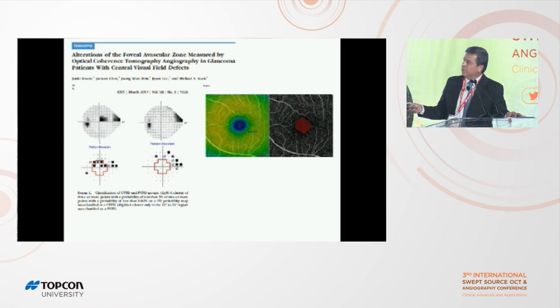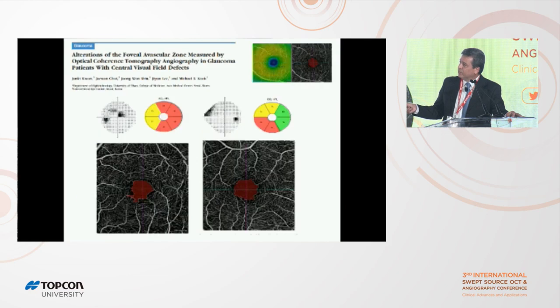For example, the group from Michael Koch is studying, when the central visual field is affected, how is the behavior of the foveal avascular zone compared with the nasal step, according to that more vulnerable area that we showed before.